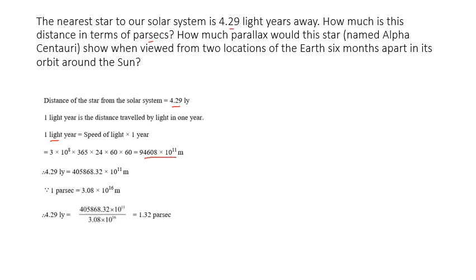And for 4.29 light years we should multiply, right? So 4.29 into 9.5 times 10 to the power 15 meters. You will get this value. So we converted the light year unit into meters.